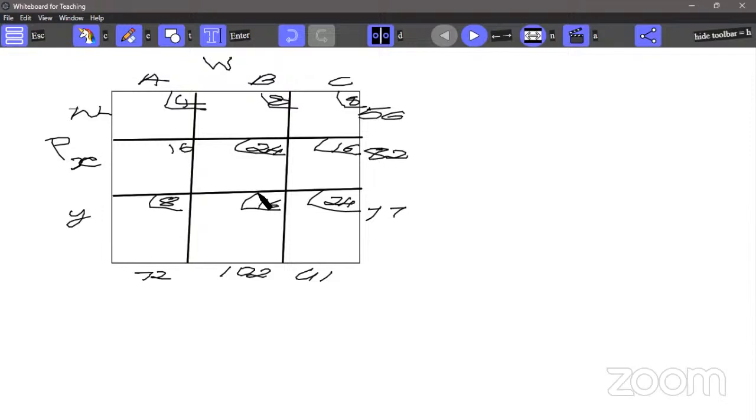We will find the feasible solution by using the northwest corner method. This is the northwest corner method. In the WA cell, how much can I allocate? 56. Yes, circle 56.